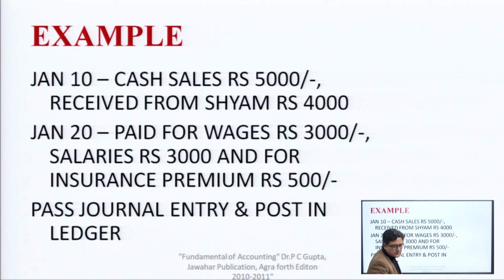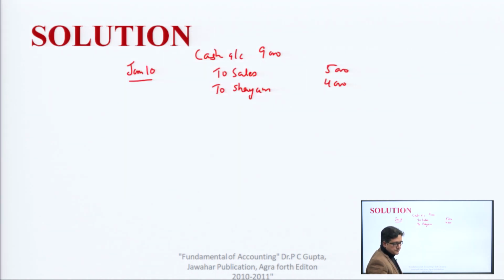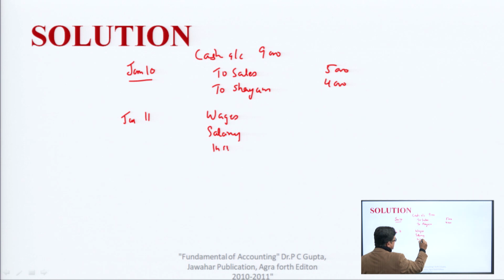Paid wages of 3000 and salary 1000, insurance premium 500. Next, paid wages, wages is an expense, salary is also an expense, insurance premium is also an expense. So, all expenses are debited.